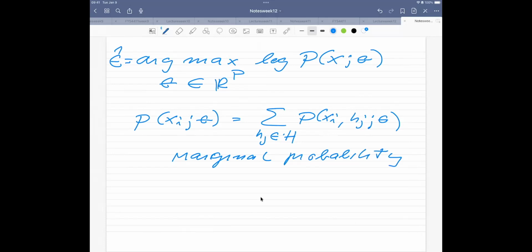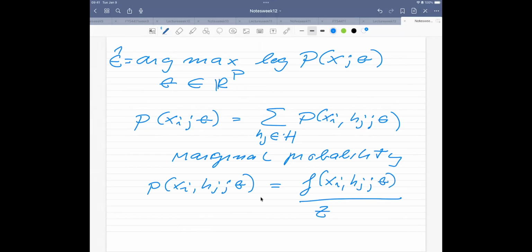And what we did last week is that this probability here, x of I, is given by a model of theta, is then given by f of x. This is a function, which is our model. And then we have an h of j of theta divided by a function which does not depend on x and h. And this is a normalization factor.